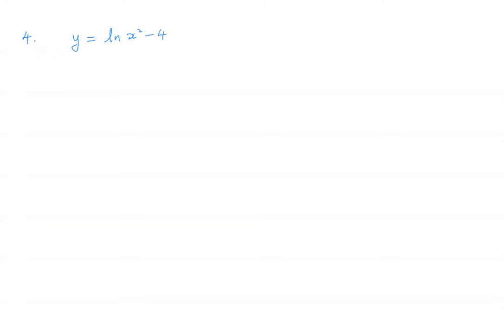Part A is only 2 marks, so I can straight away write down the domain. If I learn by heart already, x squared minus 4 greater than 0. So I draw the sign diagram first: plus, minus, plus.